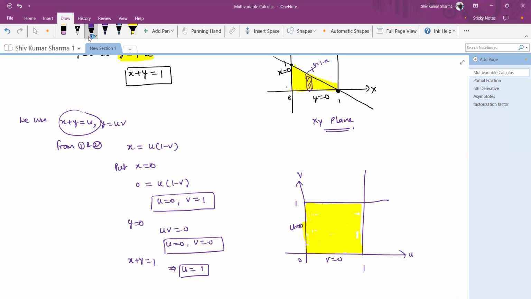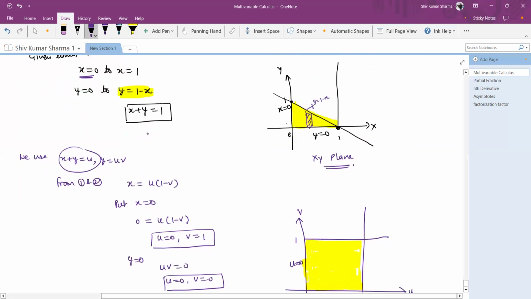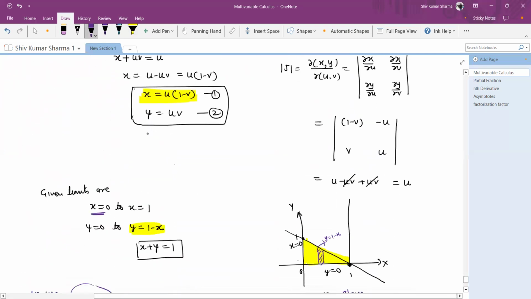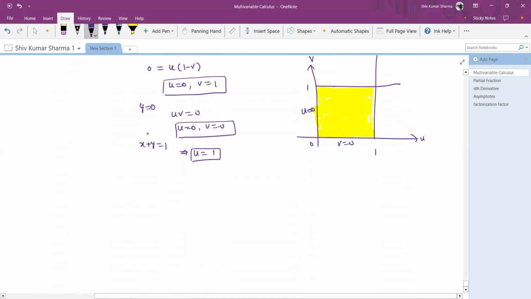Now we solve the integral. The integral is given as 0 to 1, 0 to 1 minus x, e raised to the power y upon x plus y, dx dy.